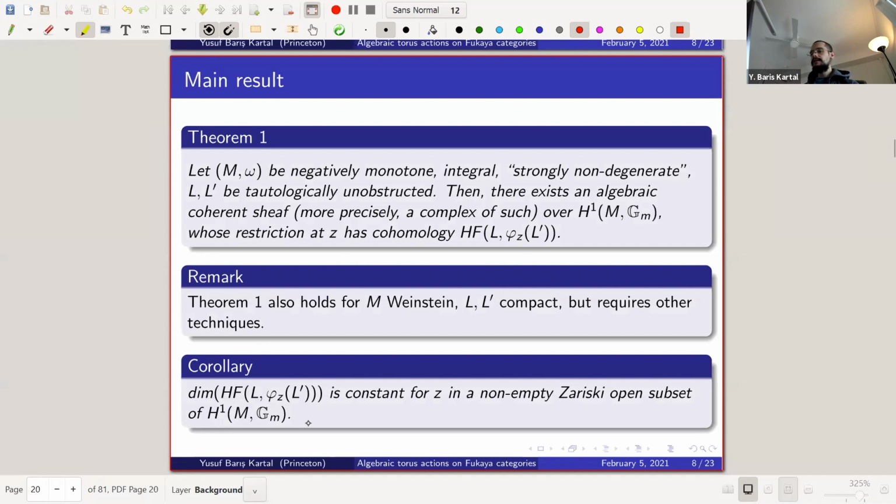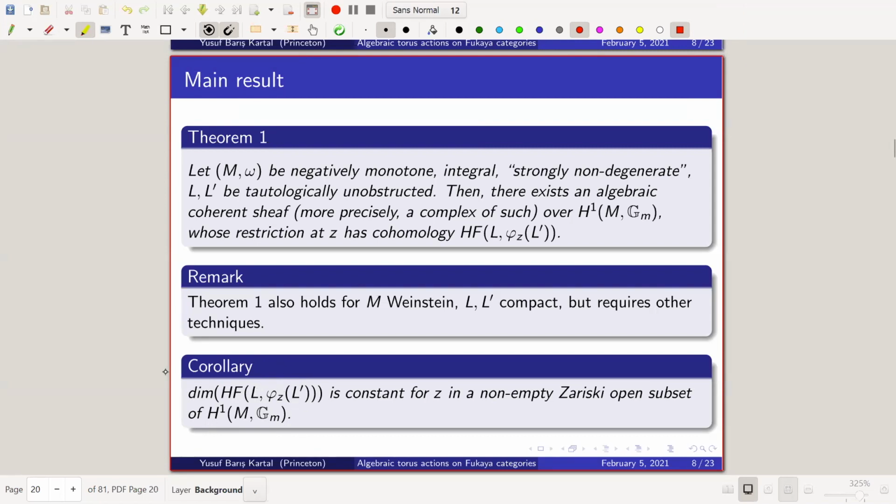The dimension of such a thing is constant in Z over a non-empty Zariski open subset of the algebraic torus. That means you have a bunch of regular functions on this variety, and when you remove the zero sets of these regular functions, the rank of the Floer homology is constant at the remaining points. And if you don't feel comfortable with local systems, you can just focus on the real part. I think that's still interesting.